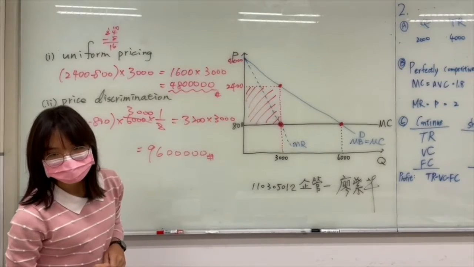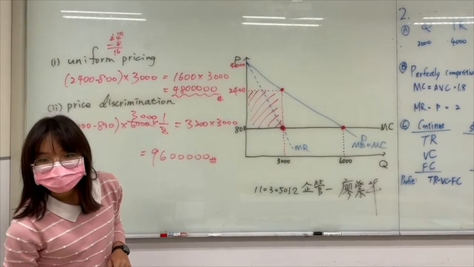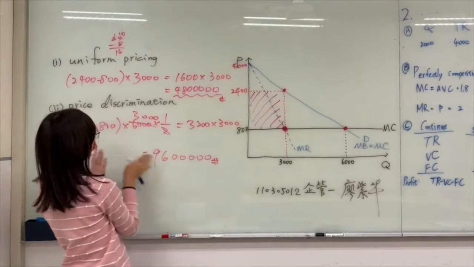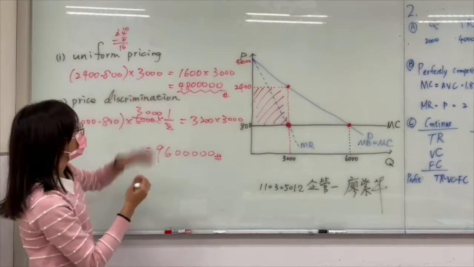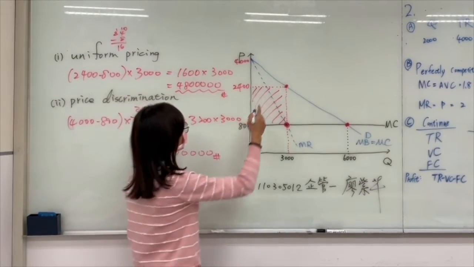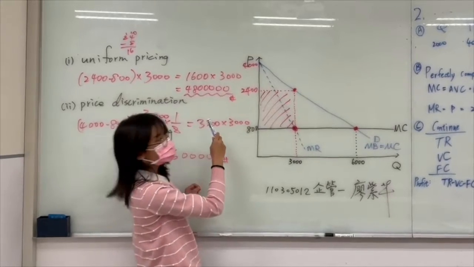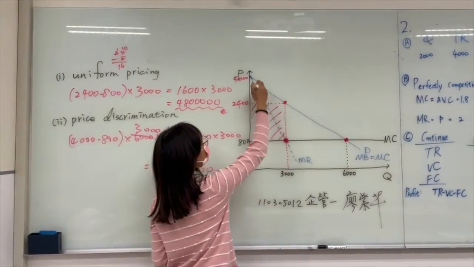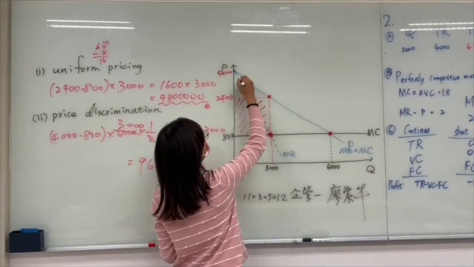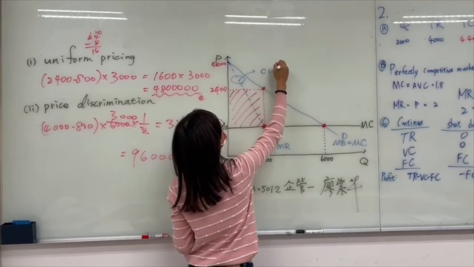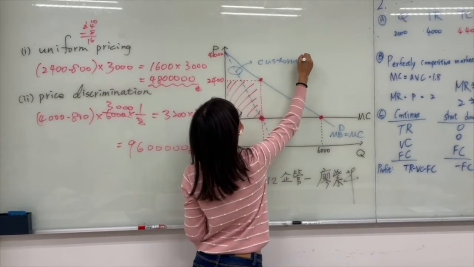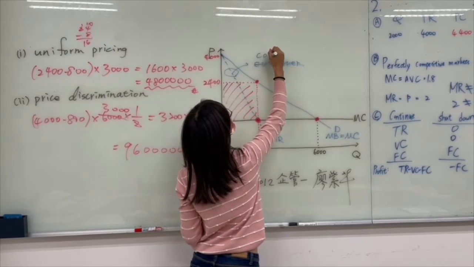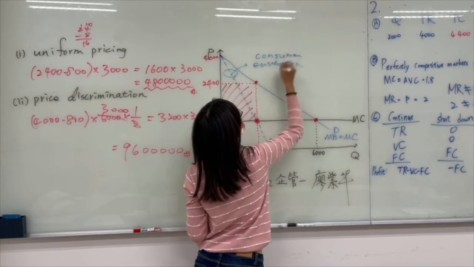For section C, it is to explain why this profit is higher than this profit. When we just do uniform pricing, the profit is just here. This triangle, this part, is the consumer surplus.